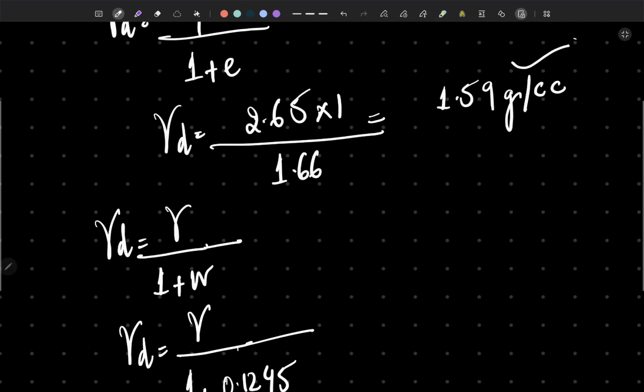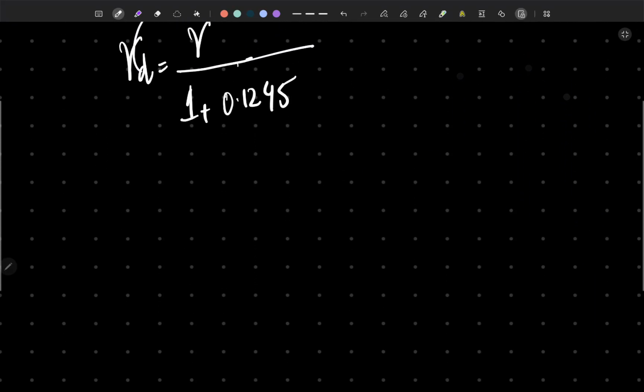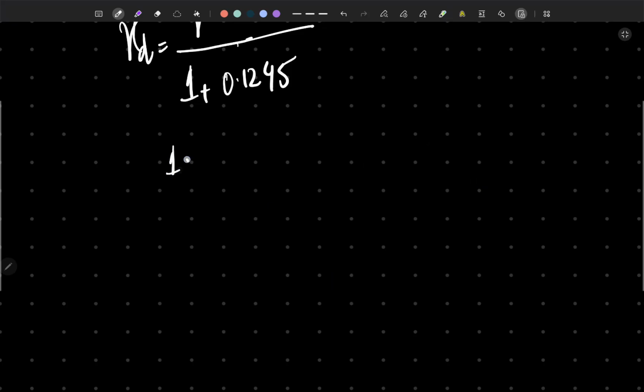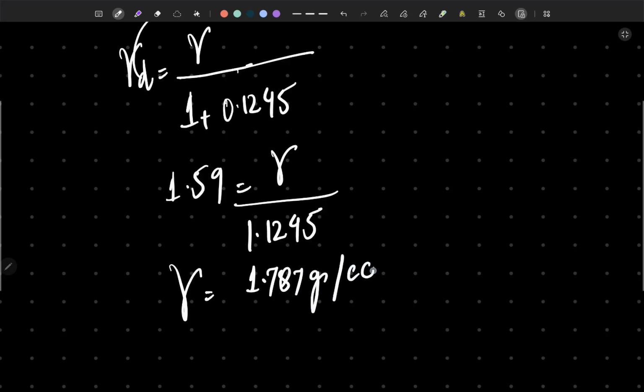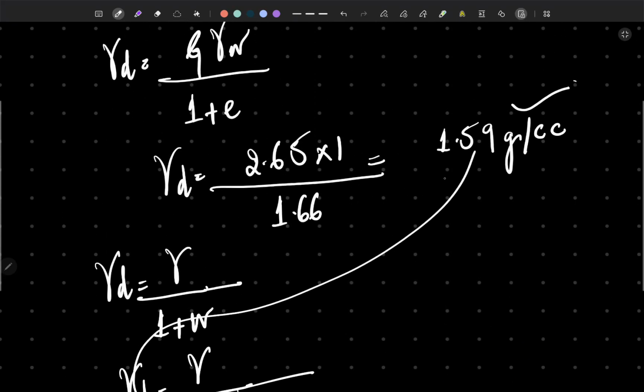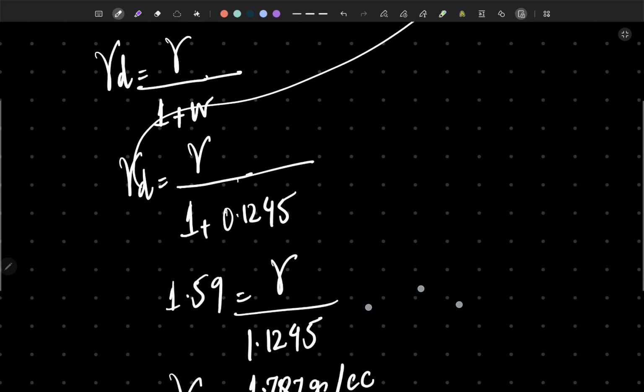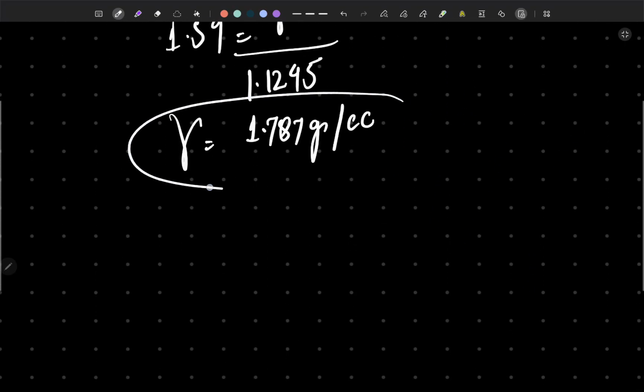I'll be using this over here. 1.59 grams per cc is the dry unit weight. I'll be finding the bulk unit weight. So by calculations, bulk unit weight is equal to 1.787 grams per cc. So I have found the dry unit weight and the bulk unit weight as well.